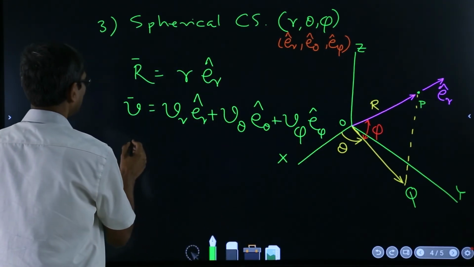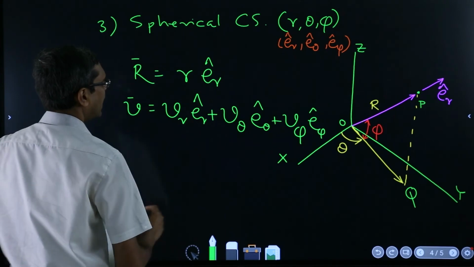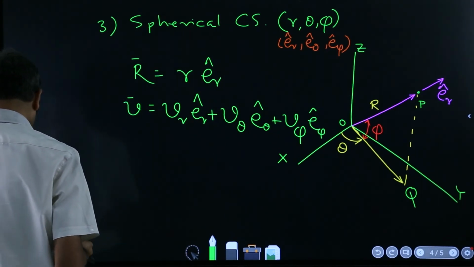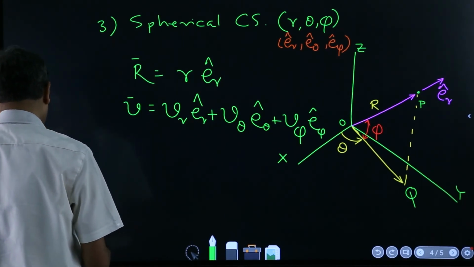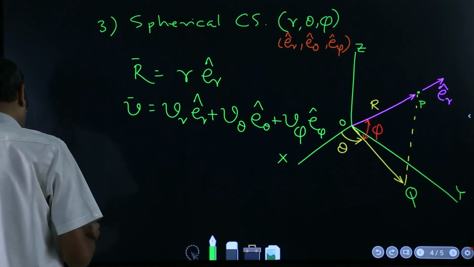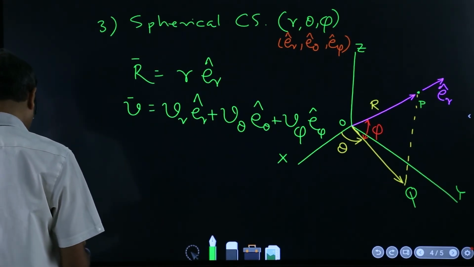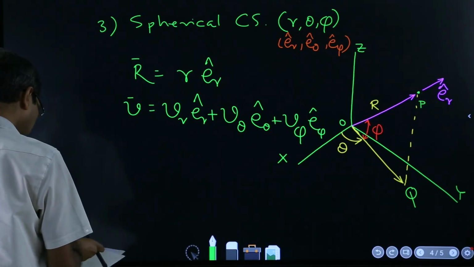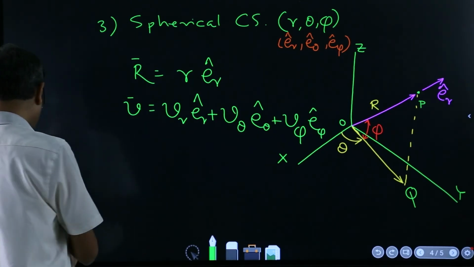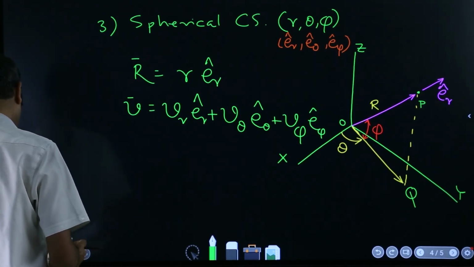Okay. And similarly acceleration, and in fact the acceleration terms are quite involved, and I'll just write them down. We will not derive them. You can refer to the book if you want them.